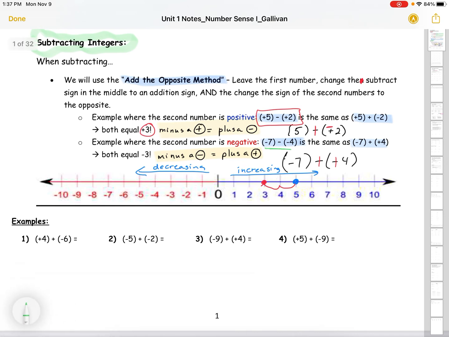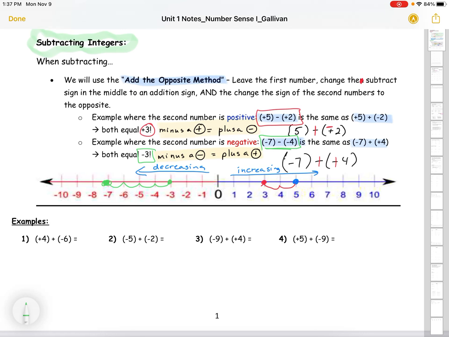Or in the second one, we're at negative 7 and we are minus a negative 4. We said it's plus a positive, so we'd be increasing, and we would get negative 3. So you can use the number line to help you count if that helps. Now, here's the beauty of things. We have technology where you can put brackets in and it can help you out with all of these things. Use your technology and let it help you do the work.